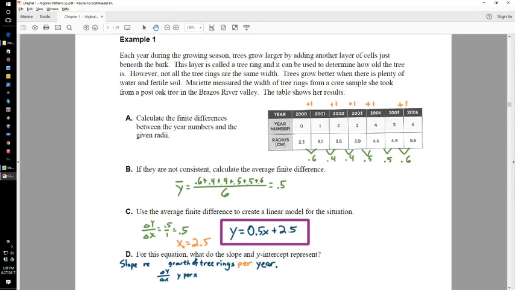Slope represents, all right, the y-intercept, okay, represents the tree ring width at the beginning of measurement.